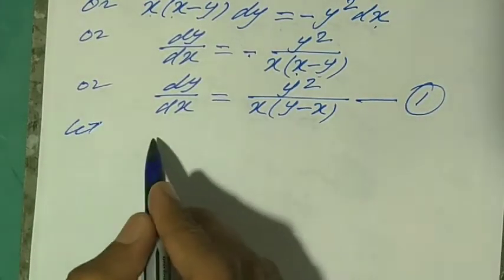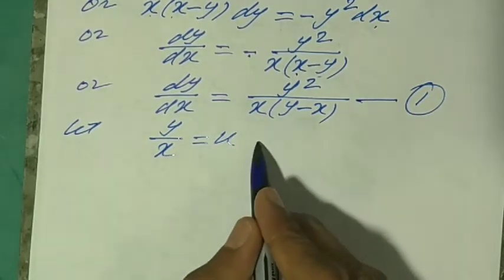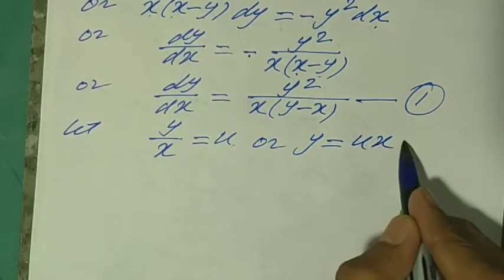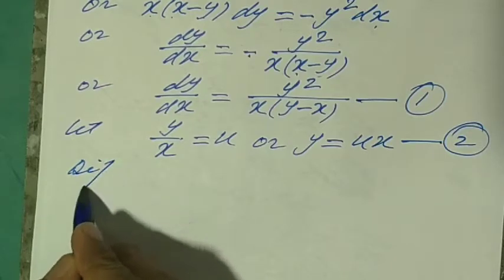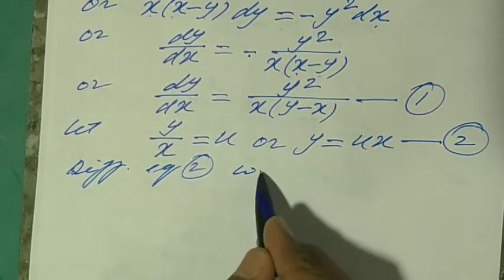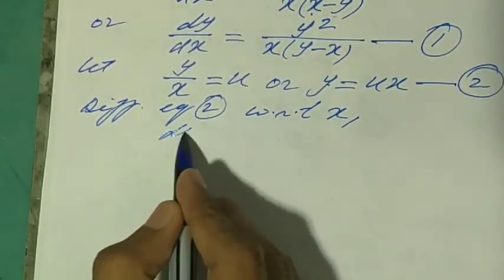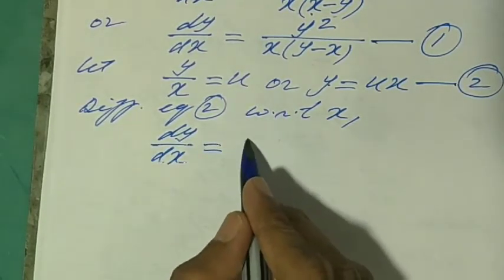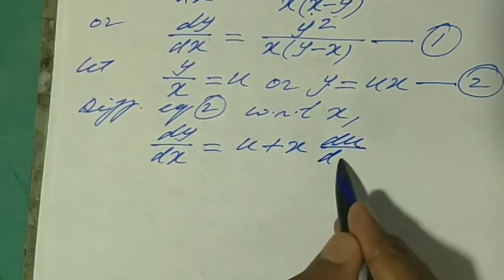So let y upon x be u, or y is equal to ux, equation number 2. Now differentiating equation 2 with respect to x, we get dy upon dx is equal to u plus x du upon dx.